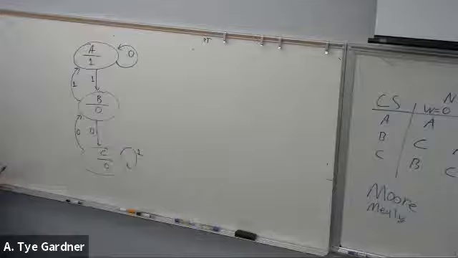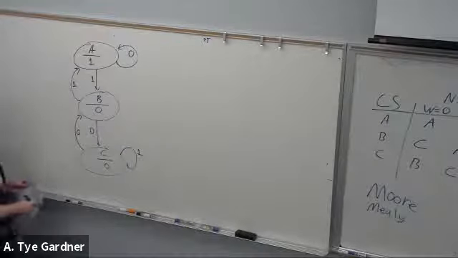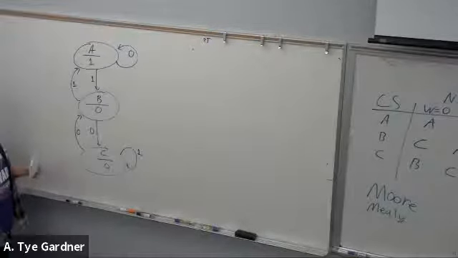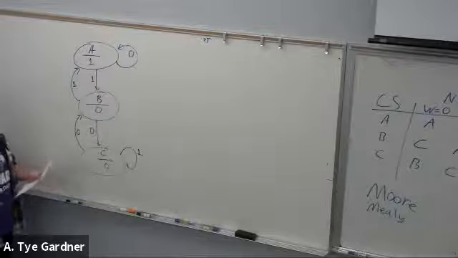Now, I've kind of started alluding to this, but instead of writing 1s and 0s, you can write them as the signal. So I said the input is W, right?